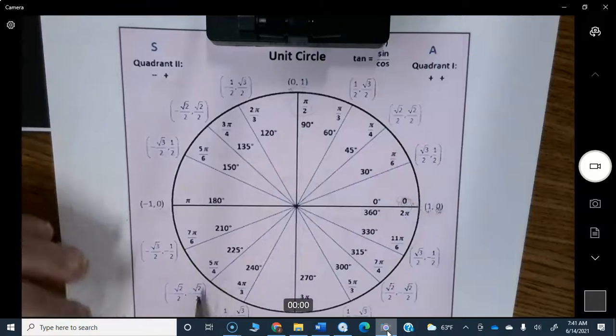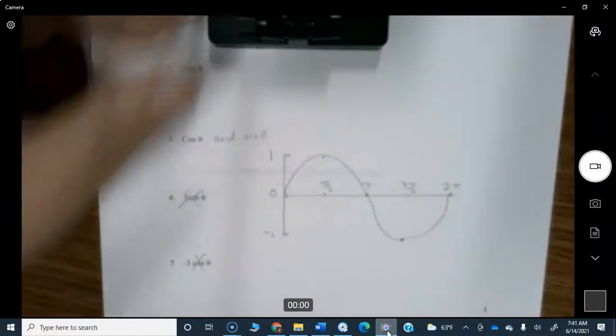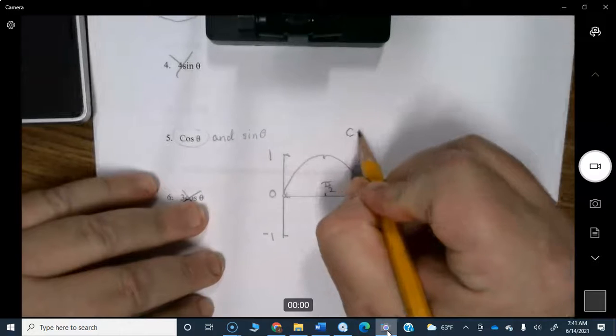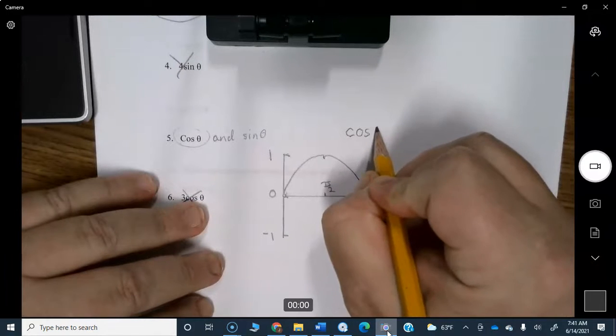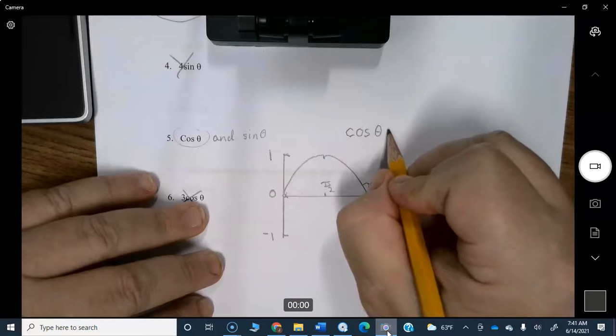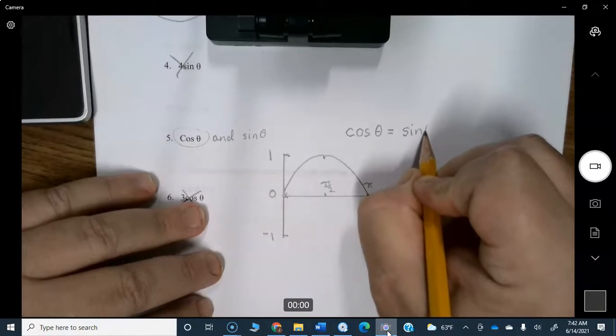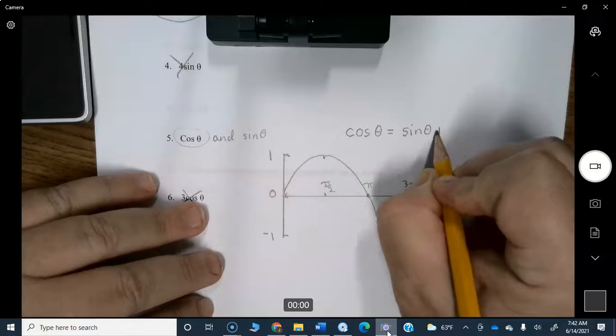So you would write that as an equation like this. Whatever the cosine of theta is, so remember at 90 degrees or pi over 2 it equals 0, that's going to equal whatever the sine was plus pi over 2.